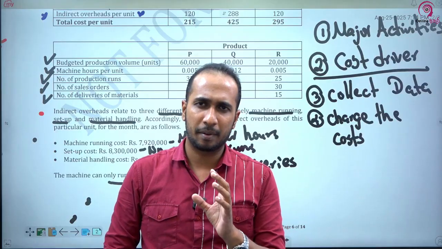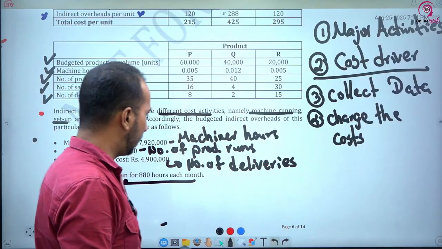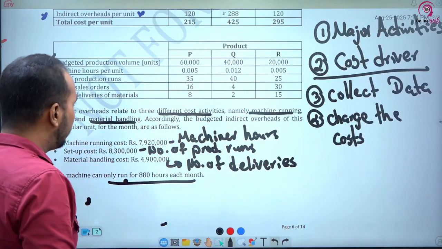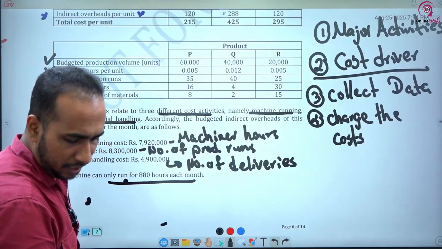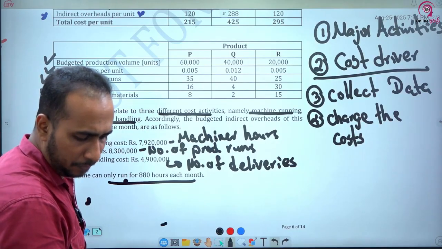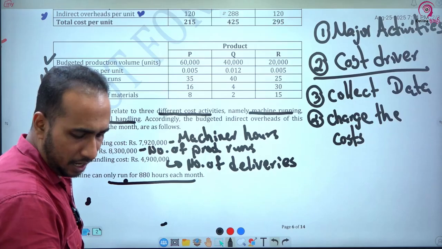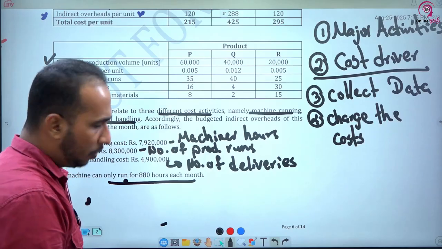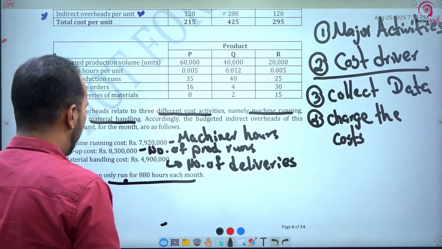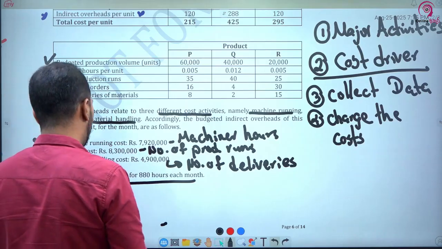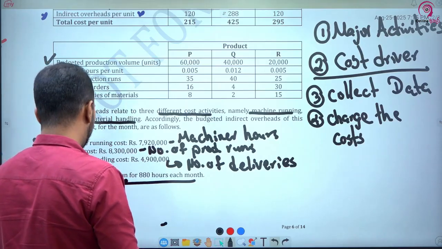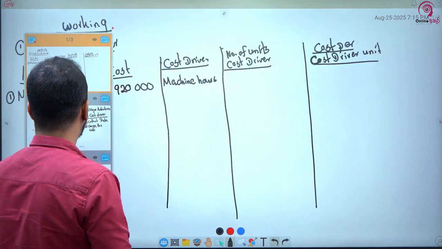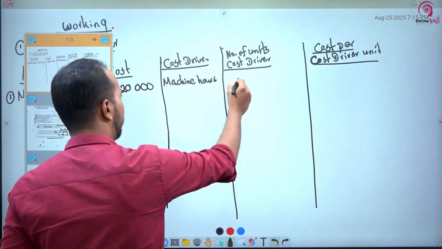So it is clearly mentioned that we can run only for 880 hours. So we can take that as the number of units related to this.